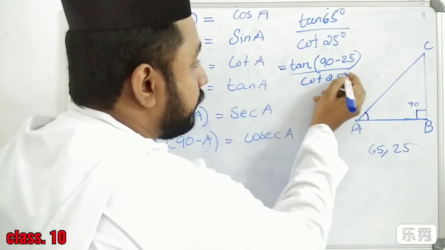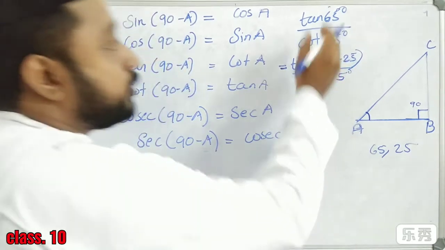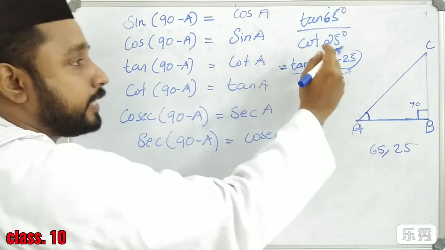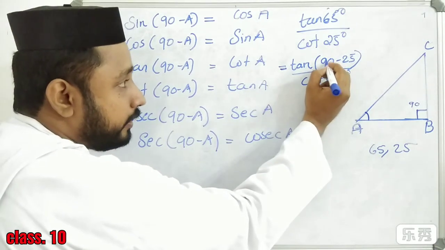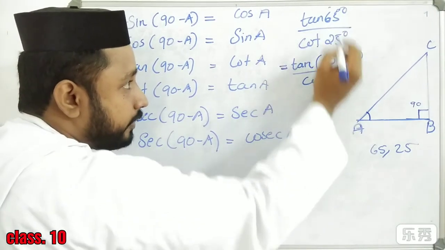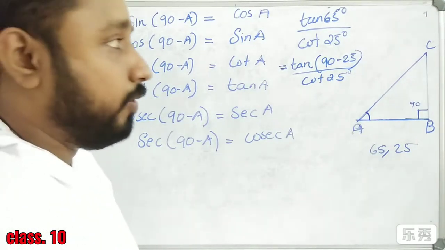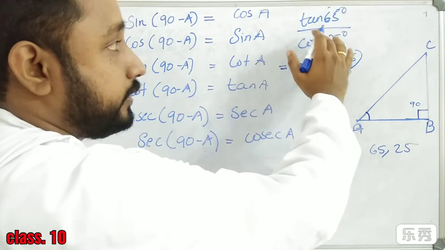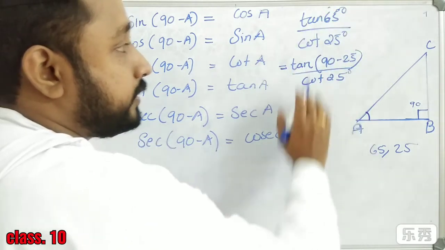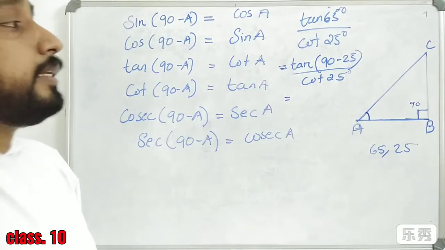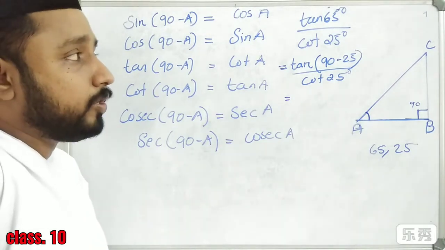No change in the denominator. We are going to change only one. We can select either the denominator or the numerator. Here I selected the numerator. So I change the numerator 65 degree into 90 minus 25. Only one change; don't change both. That means tan of 90 minus 25 by cot 25.